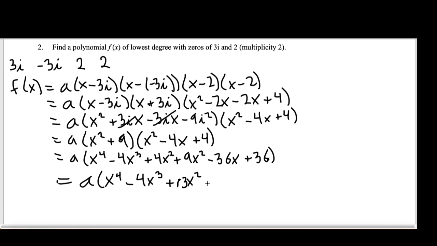Okay, minus 36x plus 36. Okay. And that's my final result, again, where the value of a is the leading coefficient, and that can really be any number. Okay, we're not given enough information to determine what that value is.